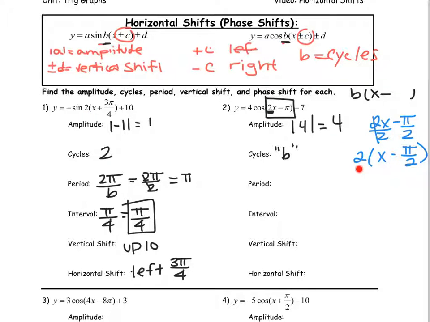So now my b is technically this 2. And period is defined as 2 pi over b. So same thing, 2 pi over 2, which is in fact pi. The interval is the period over 4, so pi over 4. My vertical shift is the number on the outside, so we're going to go down 7.